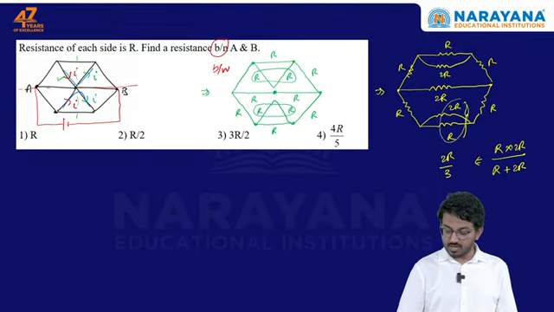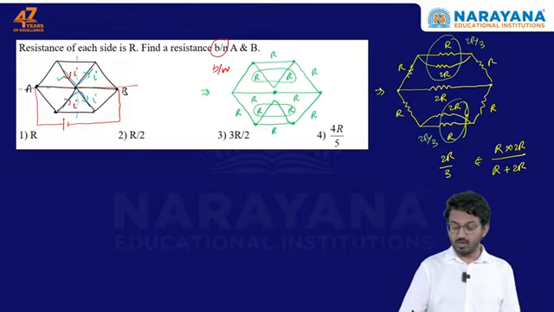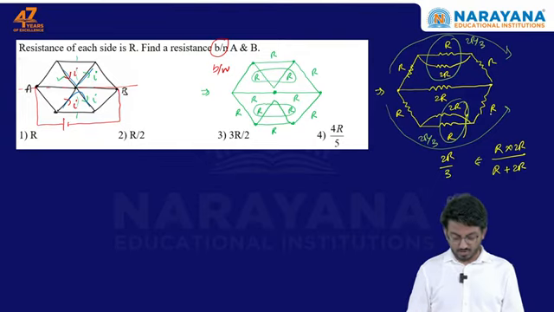This entire part is effectively 2R by 3, and this entire part is also effectively 2R by 3, giving us the top entire part in series, the bottom entire part in series, and there are three branches which are in parallel now.